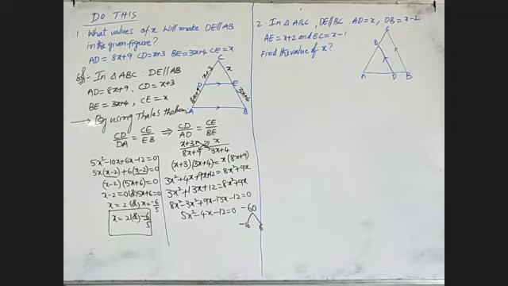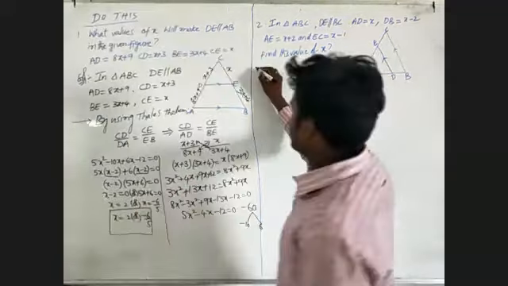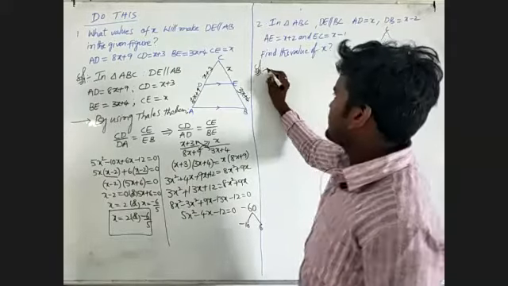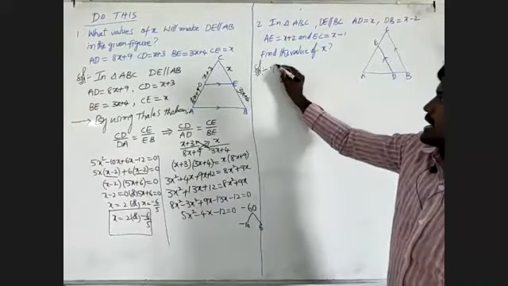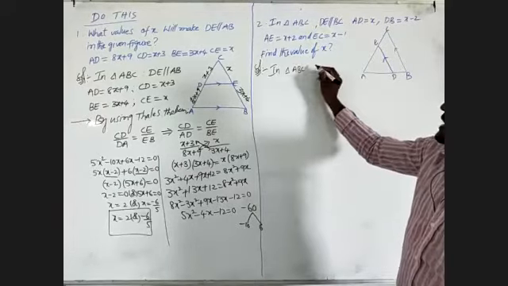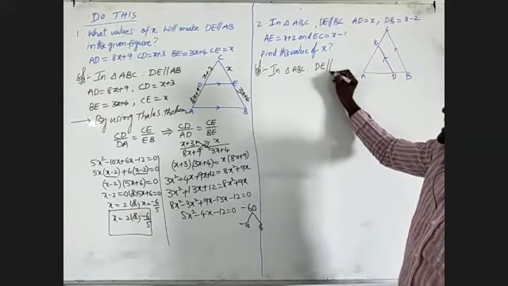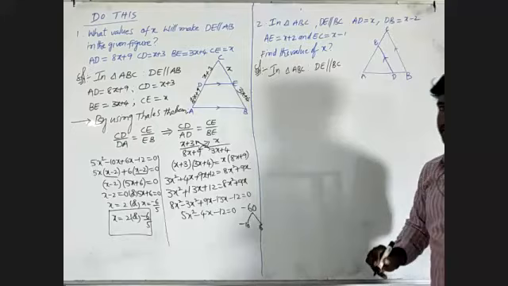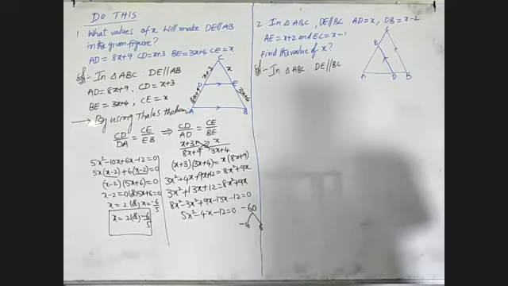Now I am going to the second one. Here we will observe in this one. In triangle ABC, DE is parallel to BC.